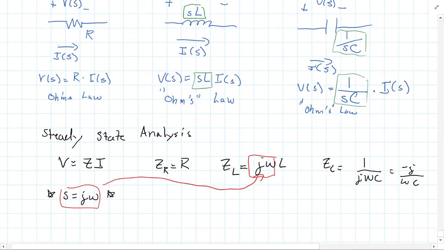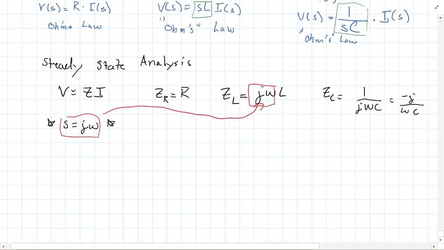First off, for R, I'd get, quote, ZR is equal to R. I'd have ZL is equal to s times L. And then, seeing that the j omega is in the denominator here, we'd have, quote, Z for the capacitor being 1 over s times C.